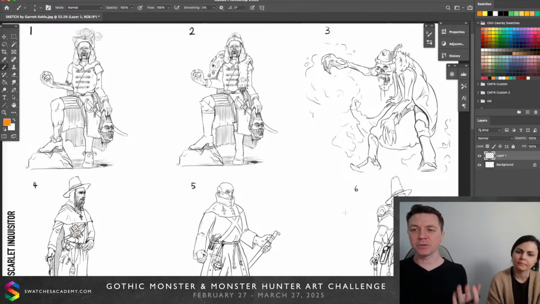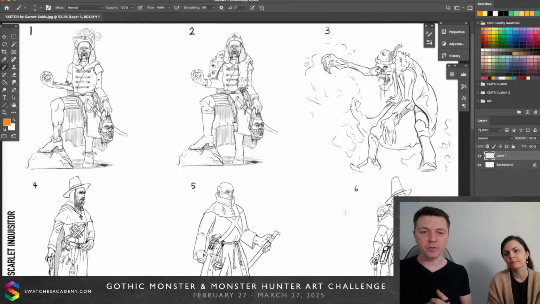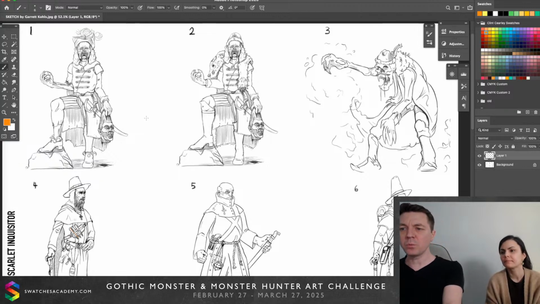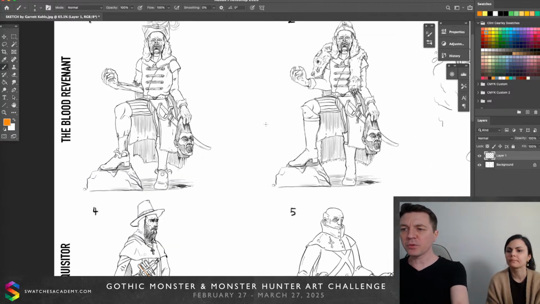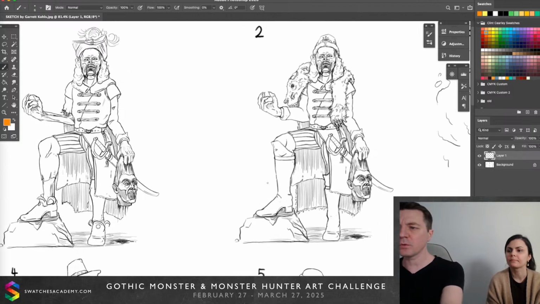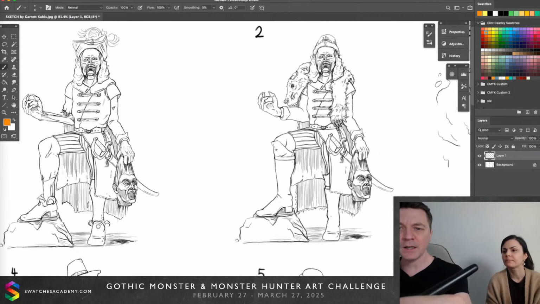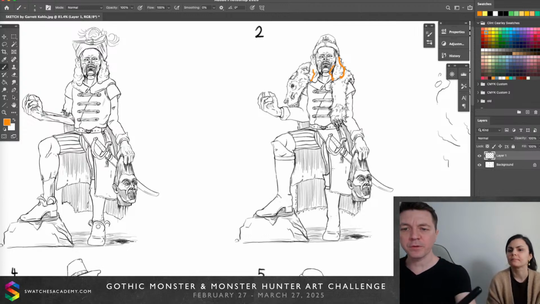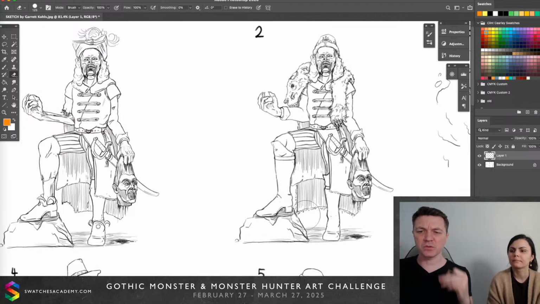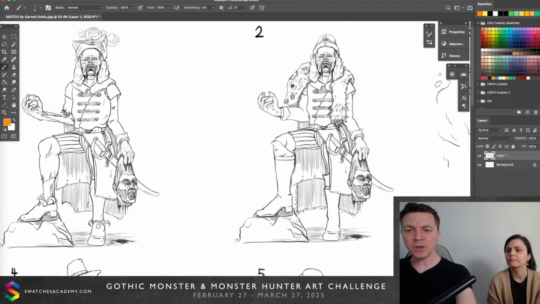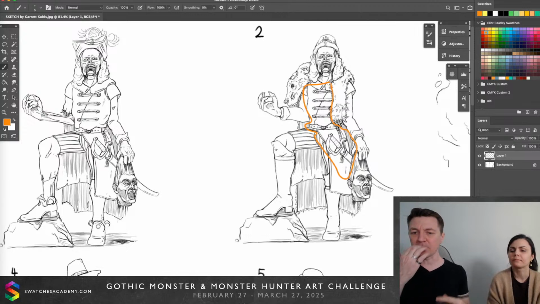But I don't find it as engaging as the others. So between 1 and 2, there's some good design choices here. The hats and the hair coming down, this sort of thing. The really vampiric looking face, this expression. And there's a lot of nods in this to that sort of Slavic noble attire.